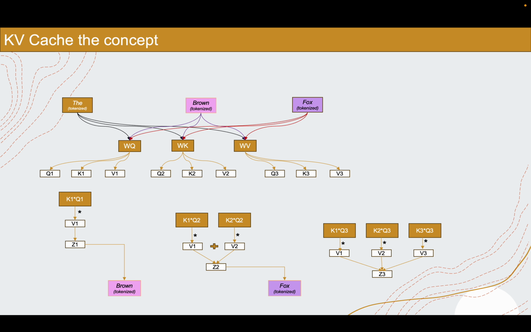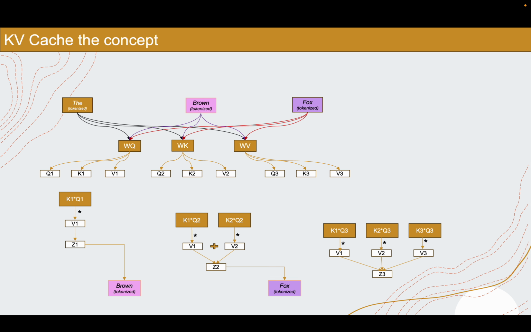Now here, if you see, if I do not maintain a KV cache, every time I am creating the next token, I'll have to recompute the K, Q and V values for the past tokens also. But if I have a KV cache, where whatever I have calculated before for the prior tokens is stored, then I don't have to recompute that.